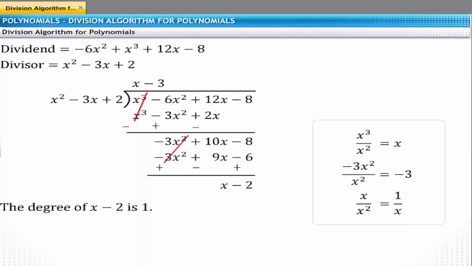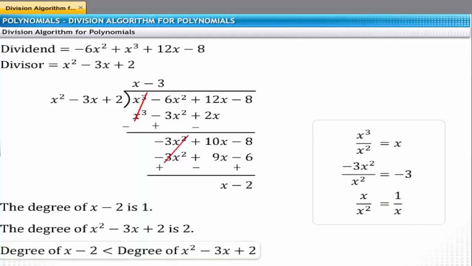Here the degree of the remainder, x minus 2, is 1, but the degree of the divisor is 2. This implies that division is not possible if the degree of the remainder is less than the degree of the divisor.